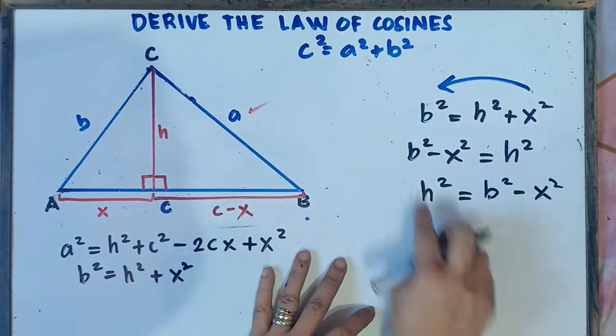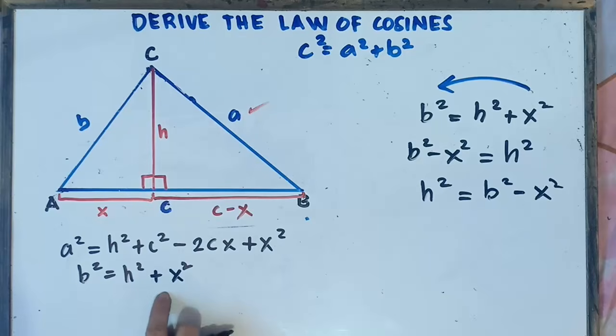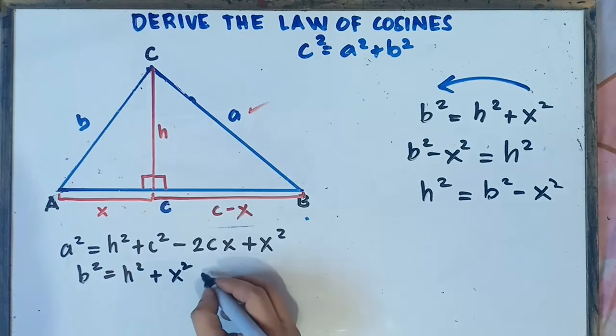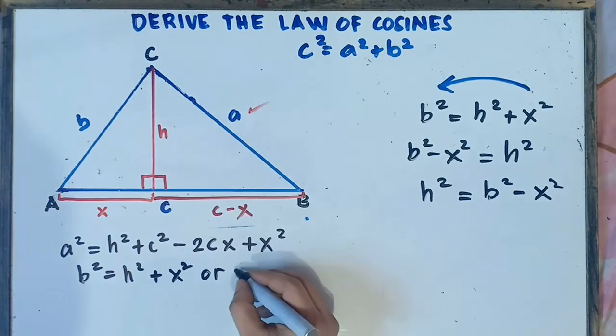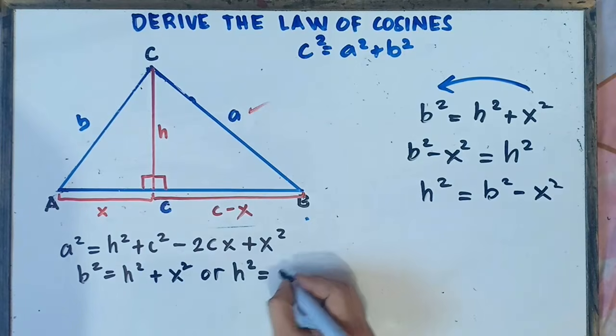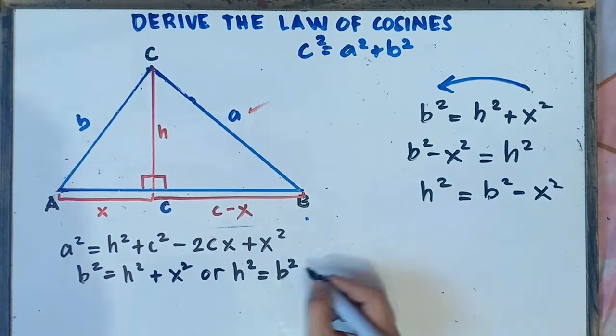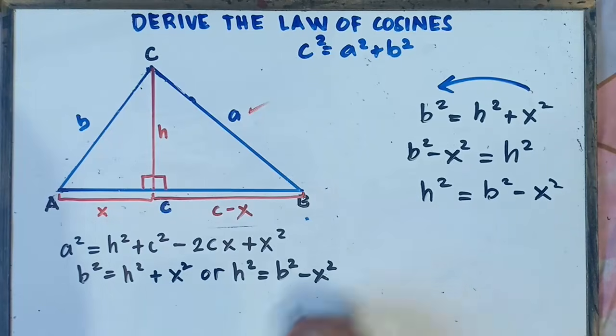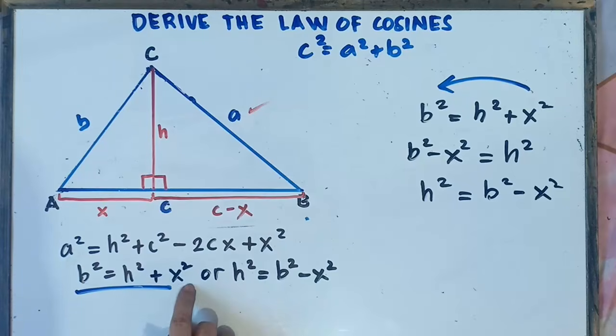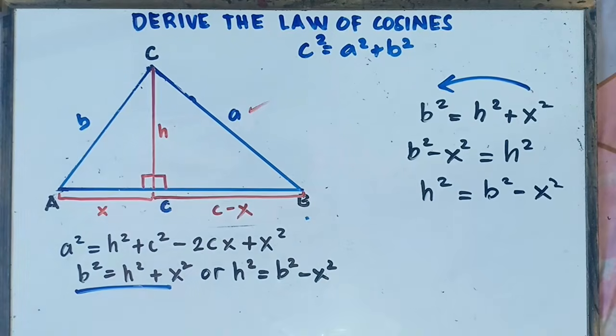This is just the same, class. To get the value of h squared, we simply transpose x squared from right to left. So that would be b squared minus x squared.